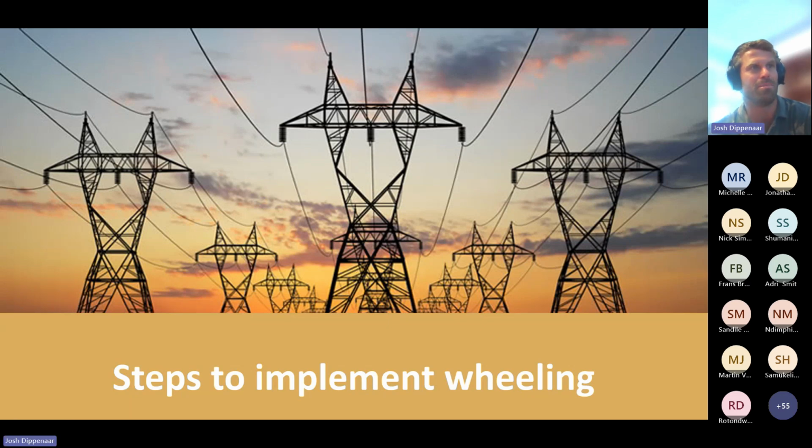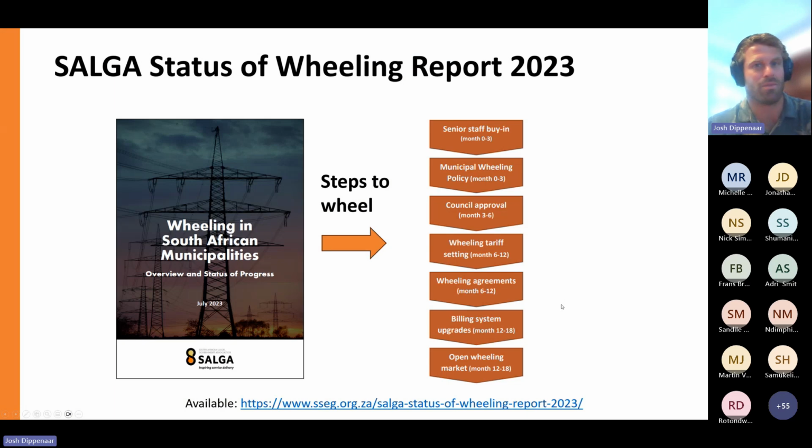So, to try and keep it at a high level and slightly introductory, these are the steps that we need to take to implement wheeling in a given municipality. This comes from SALGA's status of wheeling report, and I've shared a link at the bottom there. In 2023, SALGA published this wheeling in South African municipalities status of progress report. It's really interesting.